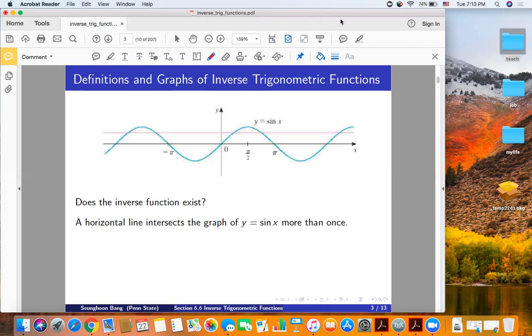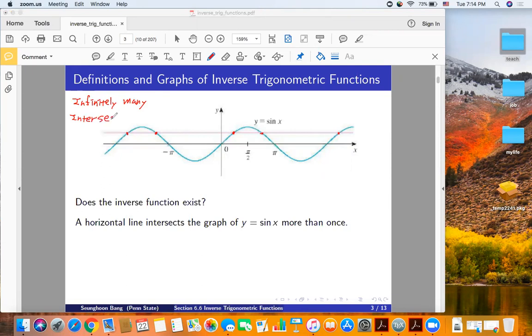So what does it mean? We have this intersection point, and we have infinitely many intersection points.